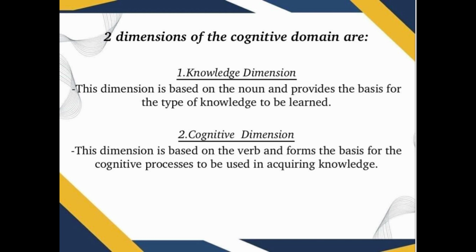In the cognitive dimension, for instance, we compare and contrast the characteristics of two historical figures, for example Abraham Lincoln and Mahatma Gandhi, to analyze their impact on society.